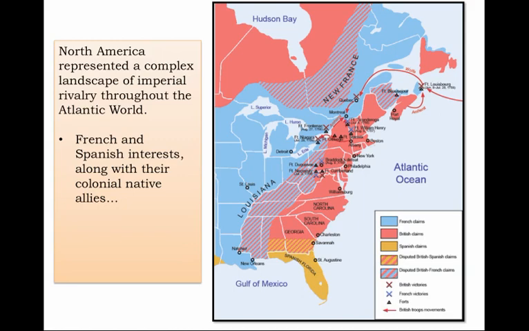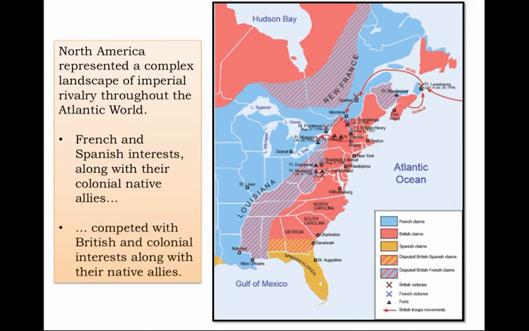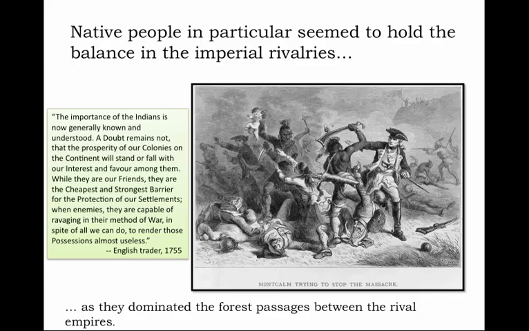Don't forget that the native peoples of North America, themselves diverse, sometimes unified, often divided, became players in this imperial game as well, and competed with the British and their colonial interests, along with these native allies, did the American colonists. So a complex tapestry, but one that was given meaning by British identity.